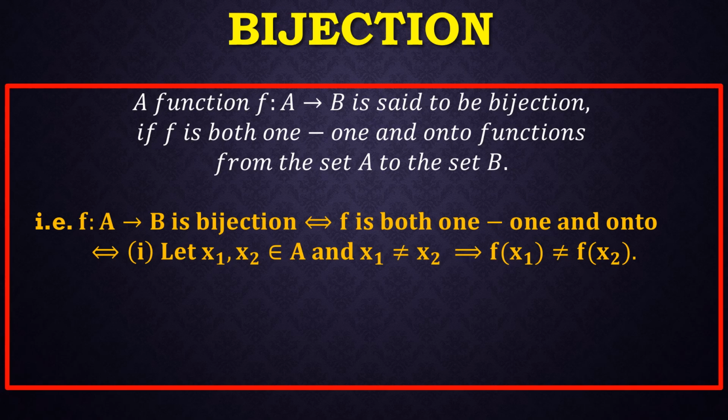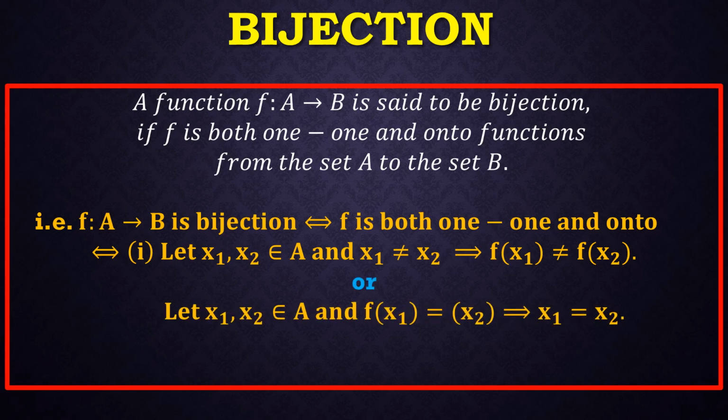In other words, it can be proved by the contrapositive way also. That is, we take x1, x2 in the domain set whose images are equal, then we get the elements are also equal. This condition holds for the function f, then f is proved one-one.